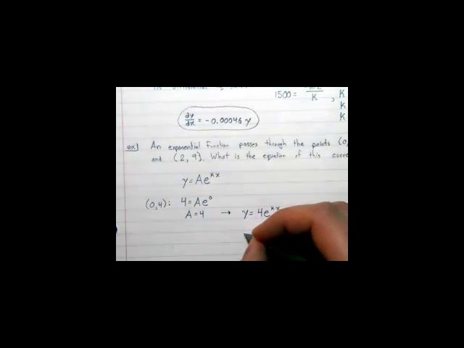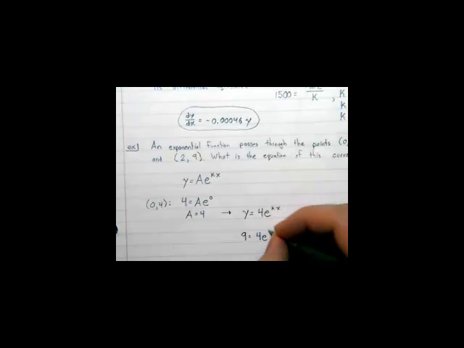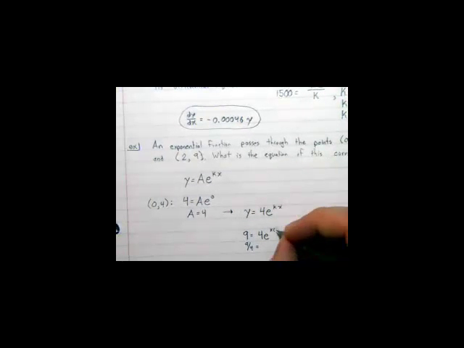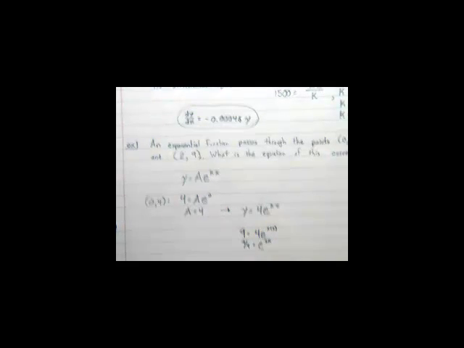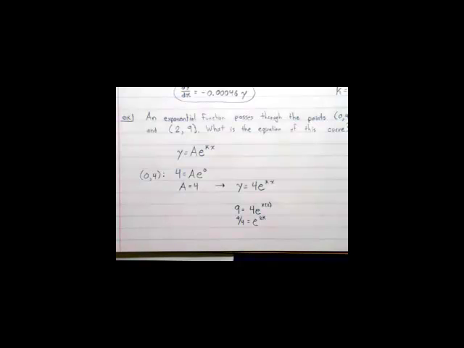So if I go 9 equals 4e to the k times 2, divide by 4, so I got 9/4. Oh, yep, it's 2. You're right. Thank you. 9/4 equals e to the 2k. So again, what do I do now?